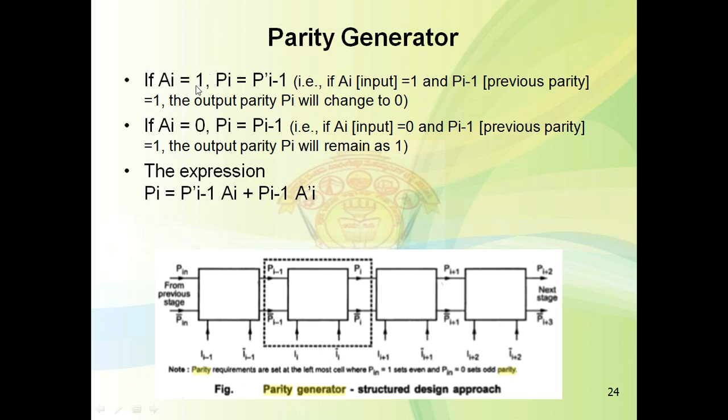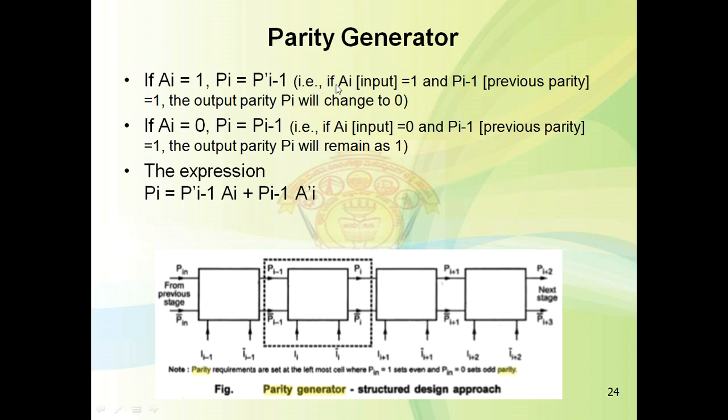If Ai is equal to 1, then Pi is equal to the complement of P(i-1). That is, if the input is equal to 1, then you will get Pi equal to P(i-1) bar.